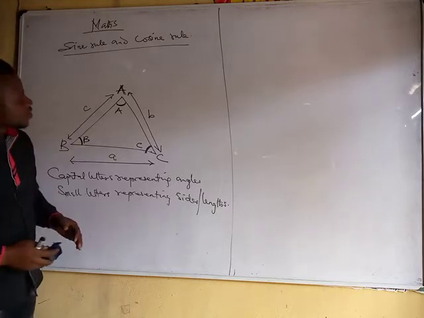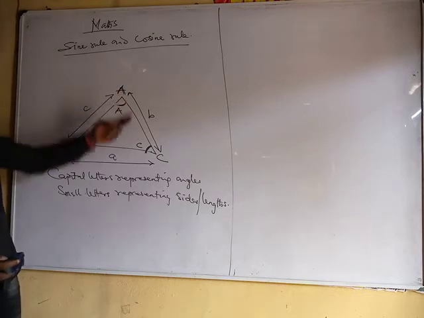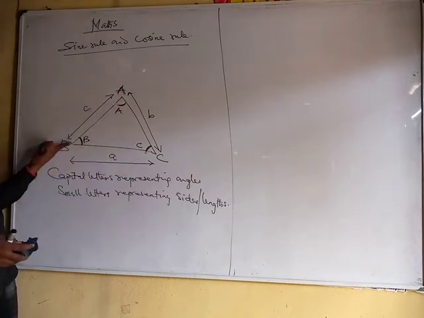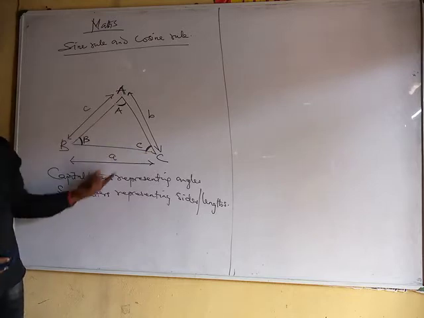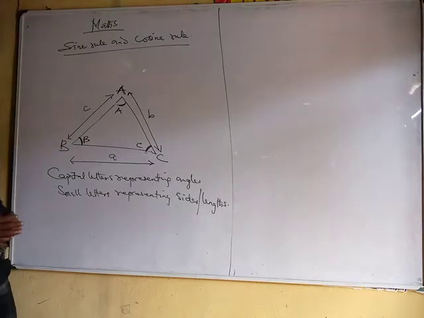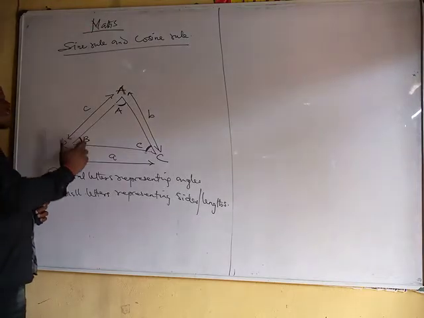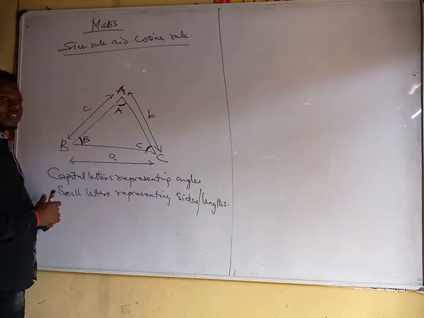Now, if this angle A is given, and the distance of this a is given, we say that the dimension of A is complete. Likewise, if the angle of B and its distance are given, the dimension of B is complete.